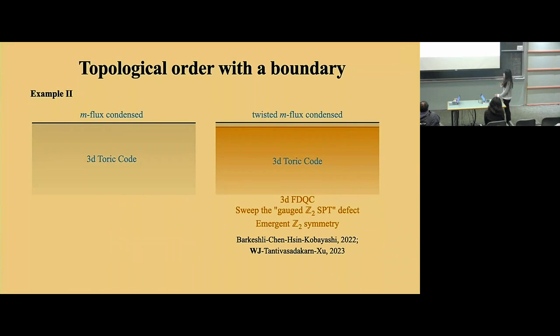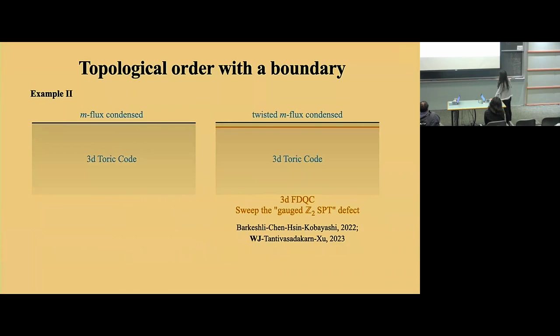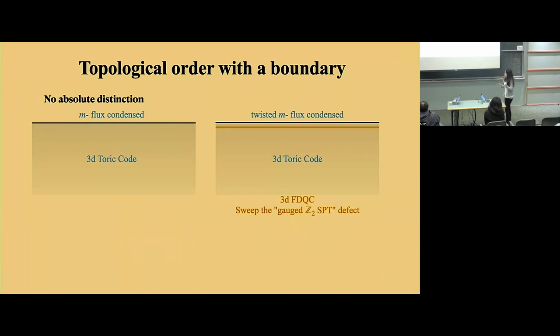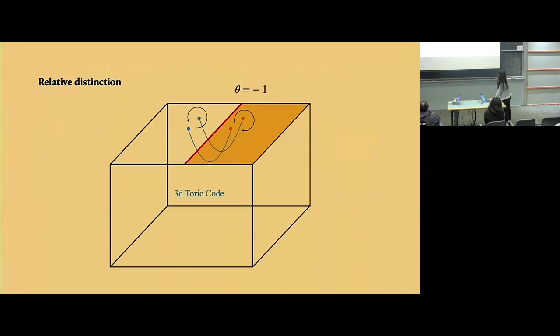But it's so hard to tell which one is which, because there's no absolute distinction between them. Nevertheless, if you put two together, there's also a non-trivial domain wall between them. In particular, if you create such a geometry, the left is this M condensed boundary, the right is this twisted M condensed boundary, and then you bring a flux loop to the boundary.